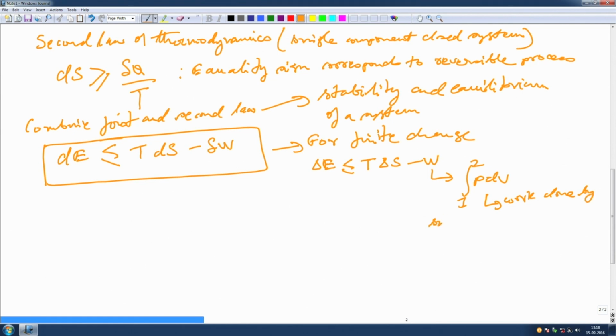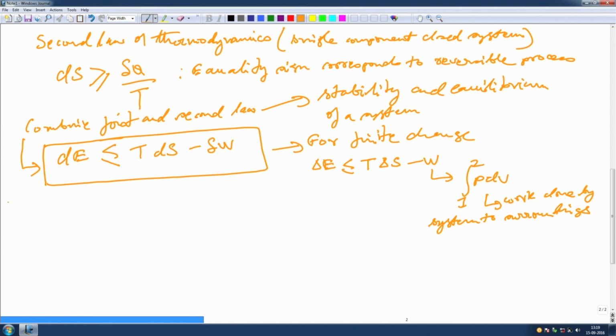So, this is the second law and the first law combined, we get this, right. And we have also seen that this is an inequality statement, because the second law, as we know, is also an inequality statement in itself. Now, these are all for single component systems.